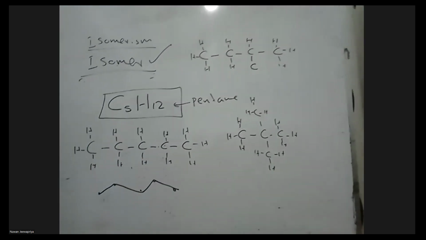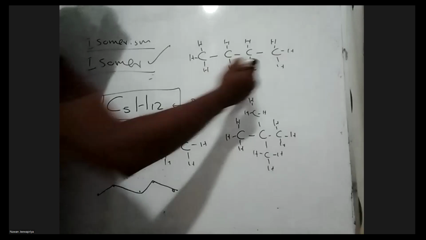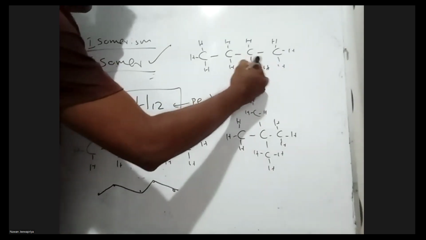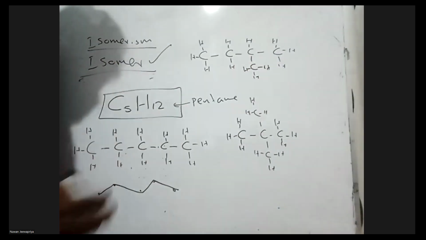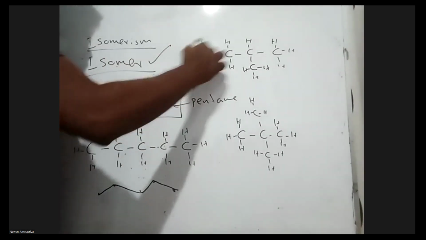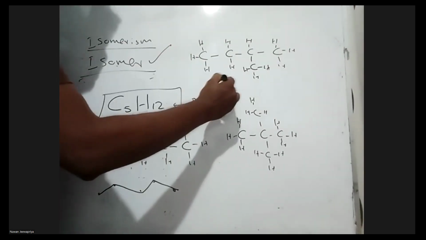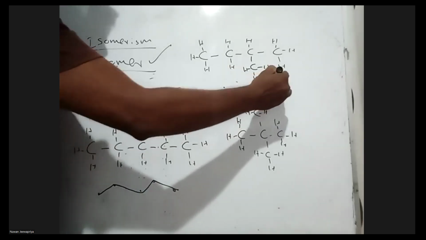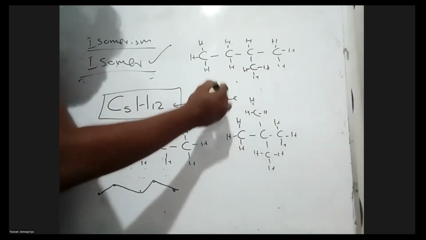Now the next one. In the chain, how many? 1, 2, 3, 4 there. So we put 4 dots.